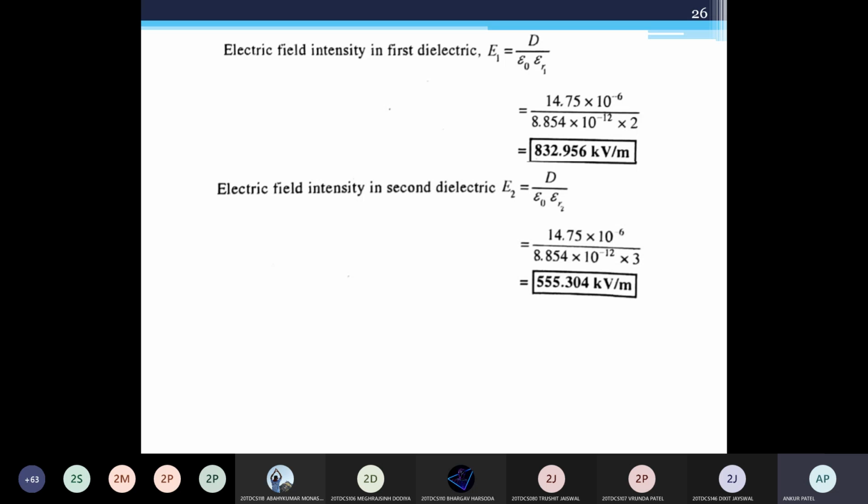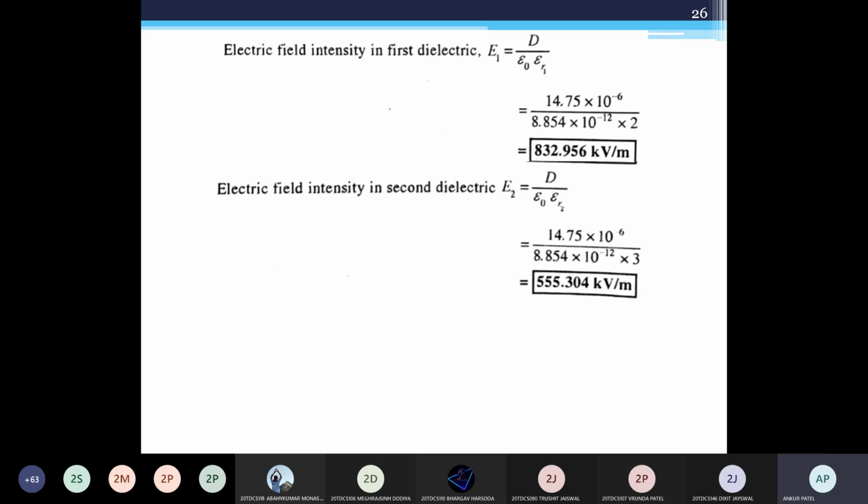Then you can manage the time in examinations. If you are not practicing, then for one example you will spend 30 to 40 minutes. That's why I am saying you should practice solving these examples.